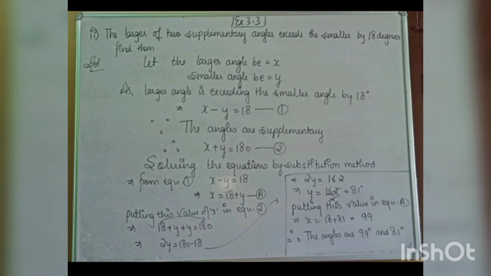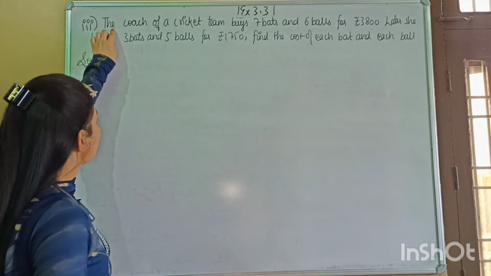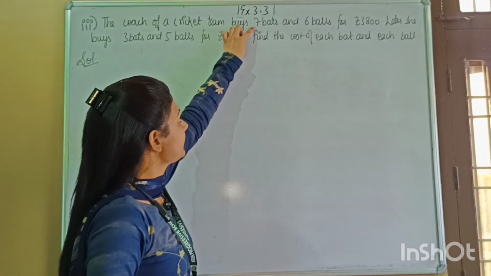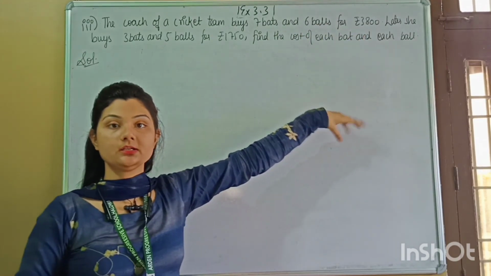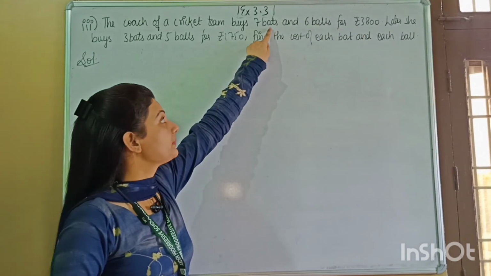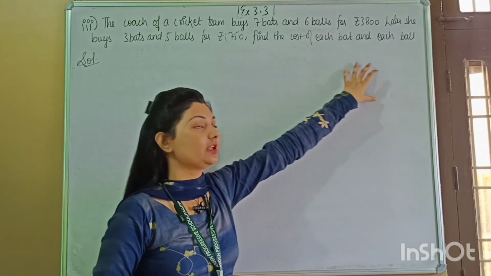So now the third part of the question is: The coach of a cricket team buys 7 bats and 6 balls for rupees 3800. Again, two things are there. One is bat and one is ball, and we have to find the cost of each bat and each ball.